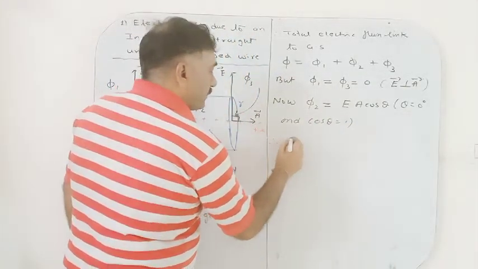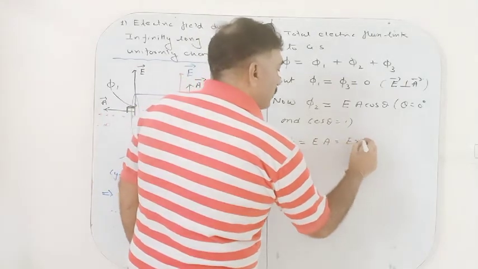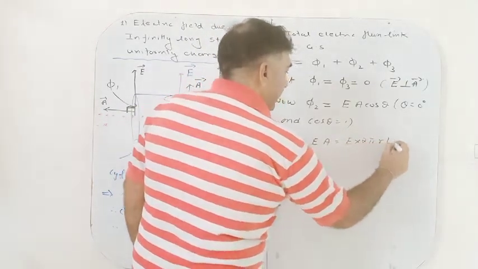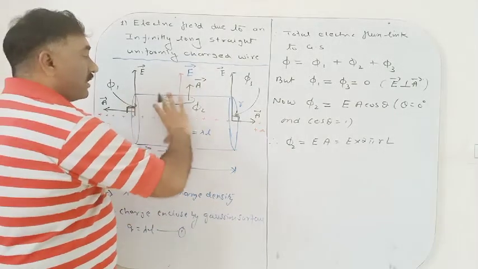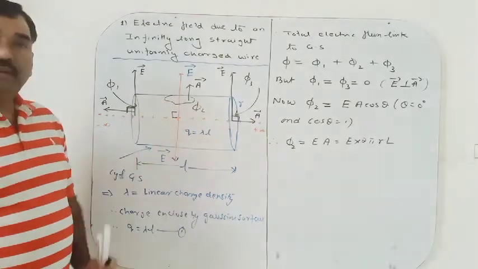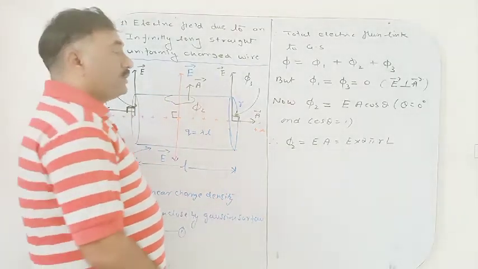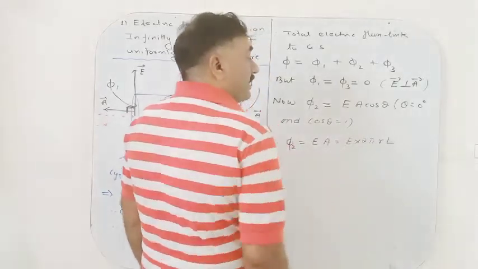So this phi 2 becomes electric field multiplied by area. The area of the curved surface is 2 pi r L. At all points on the cylinder the electric field remains the same. So phi 2 is equal to E multiplied by A, E into 2 pi RL.